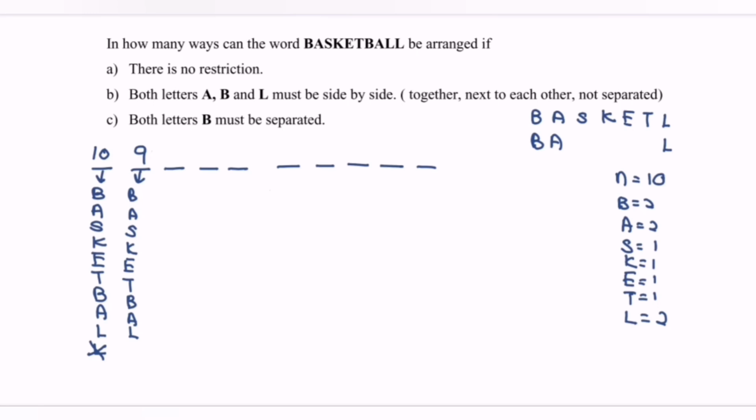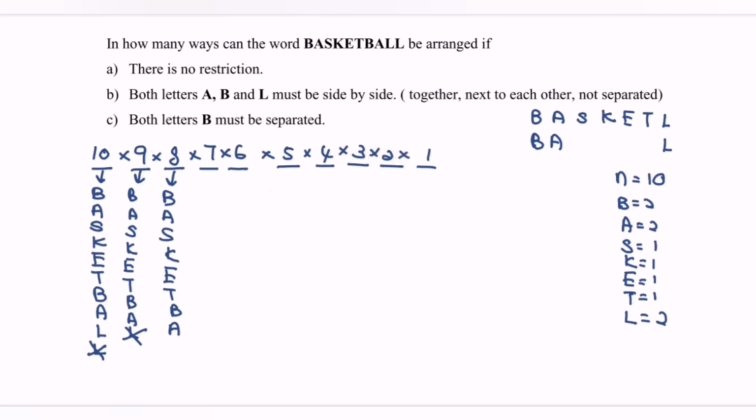Let's say again L has been selected. For the third box, we fill up with B, A, S, K, E, T, B, A, so now we only have 8 letters left. Then followed by 7, 6, 5, 4, 3, 2, 1, so from here we have to multiply all the numbers.